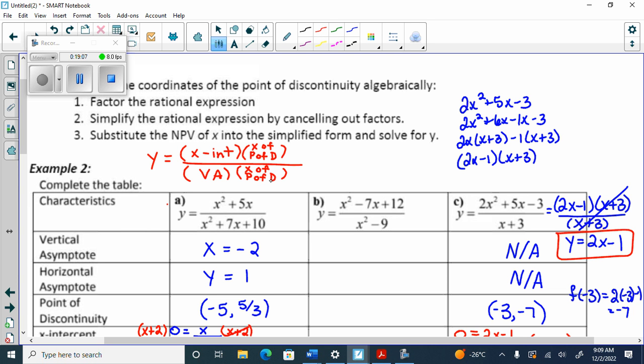We'll look at that in a second, but I just want to prove a point that when you have a rational with a point of discontinuity, this is always your x-intercept factor because the bottom will cancel off, right? Okay.